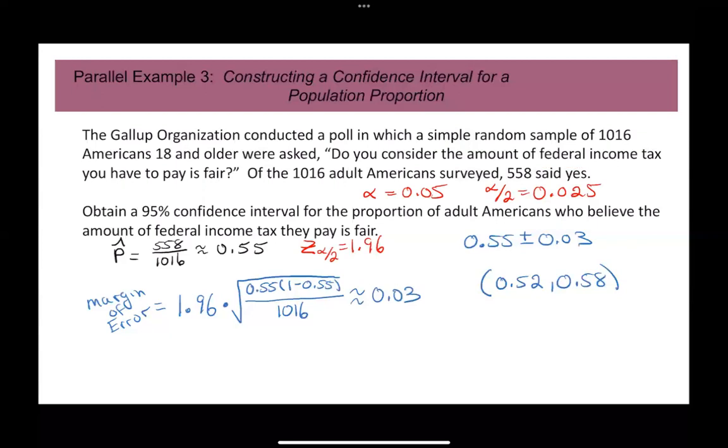I have a quick question. When you entered it on the calculator with the inverse norm, you put 0.975. How did you get that number? Because 0.975 is 100% minus 2.5%.